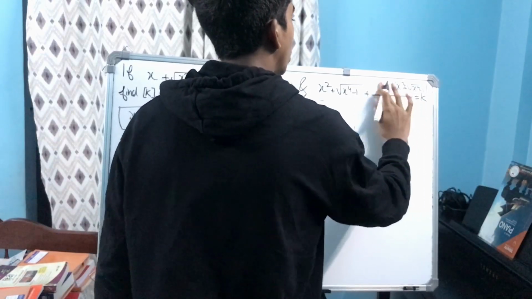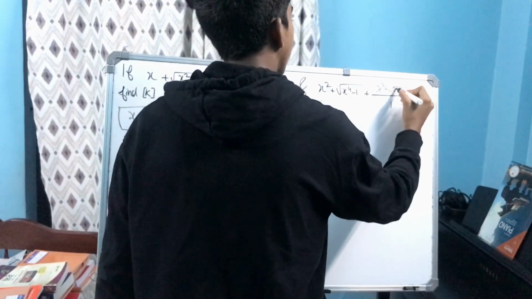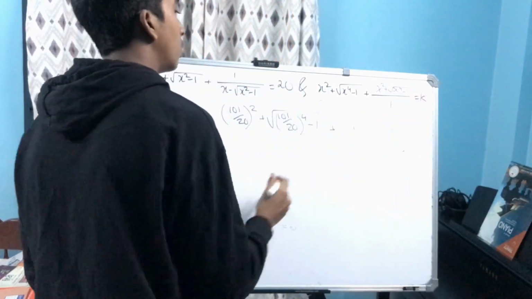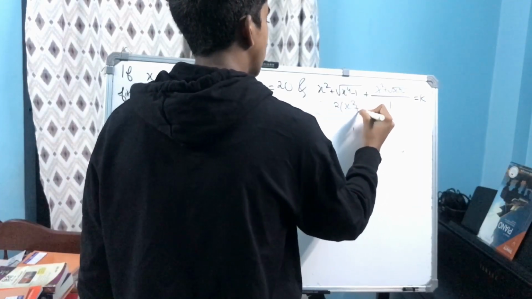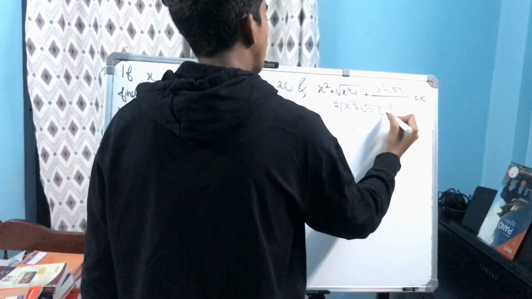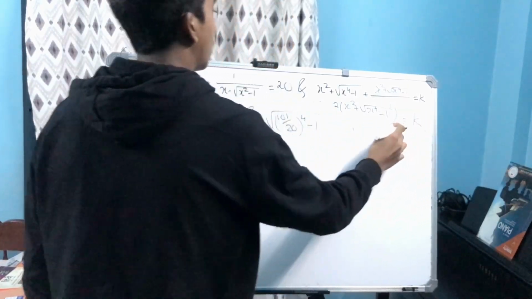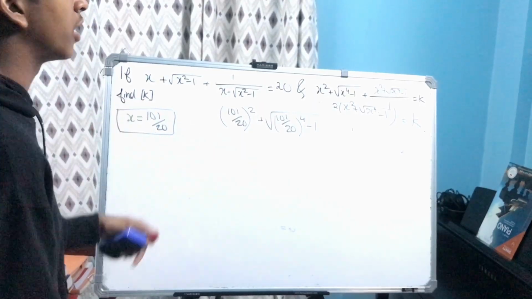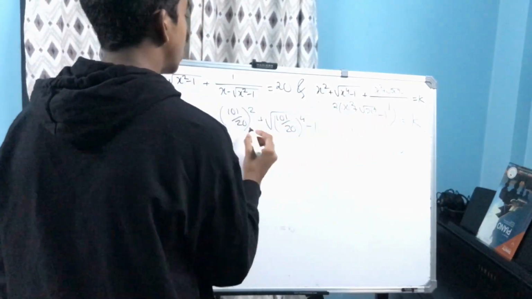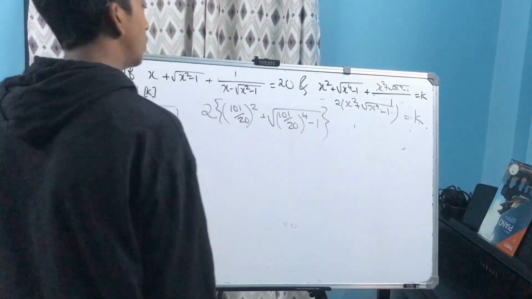We have 1 and the numerator is nothing but this term. So we have 2 times x squared plus square root of x raised to 4 minus 1 is equal to k. Now of course we need to find k before we can find this function of k. So this is the value of k, so we just have to do this and times it by 2.